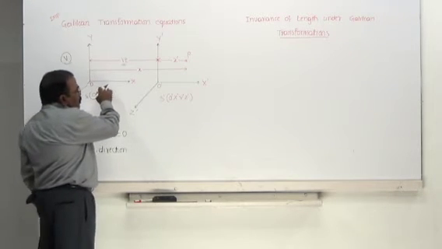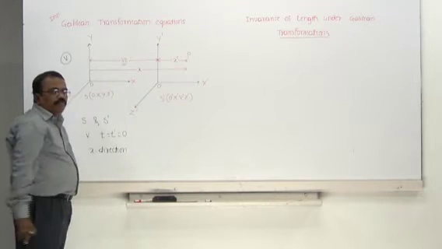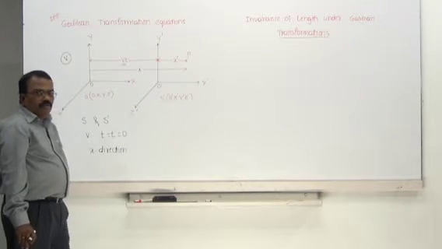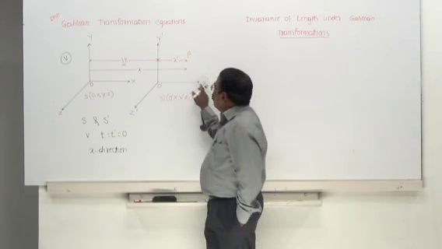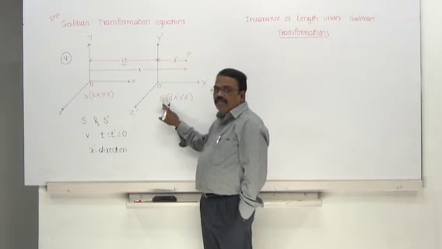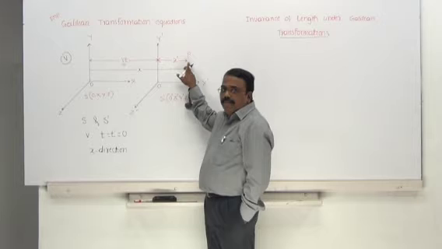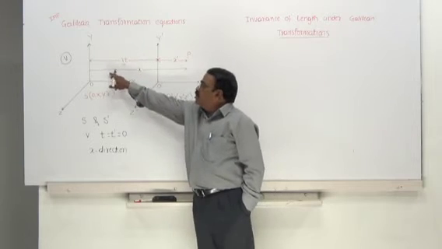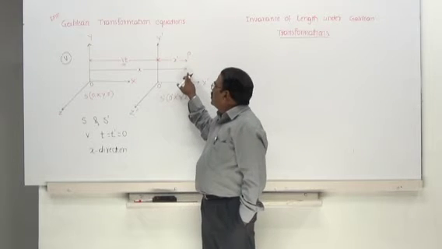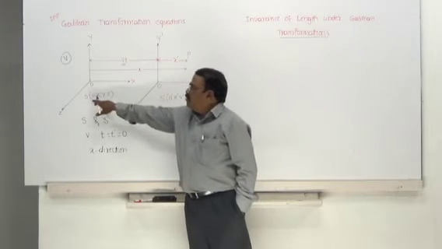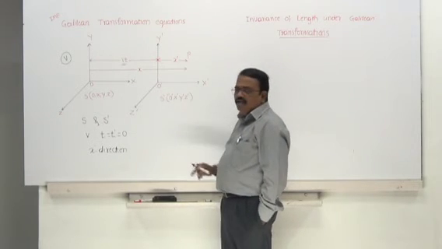Now the X coordinate of this S frame is definitely more than the X coordinate of this S dash frame. So at point P, this X is greater, because from here to here you have to measure the distance X by this frame S, and this is your X dash.